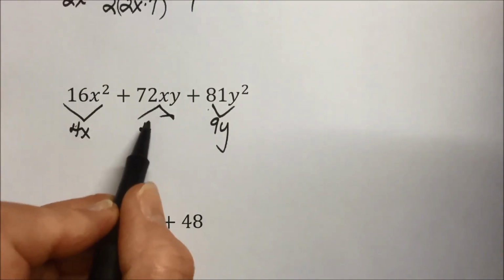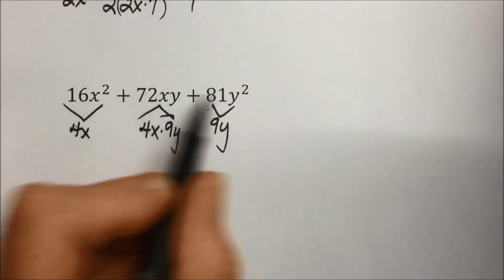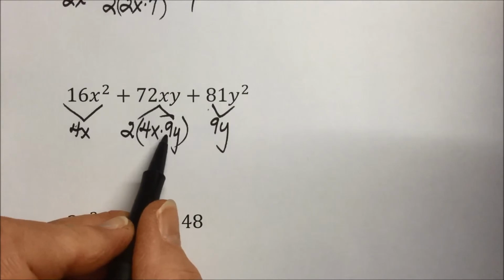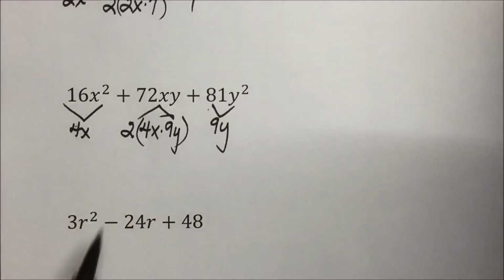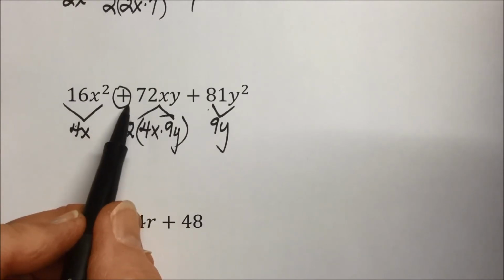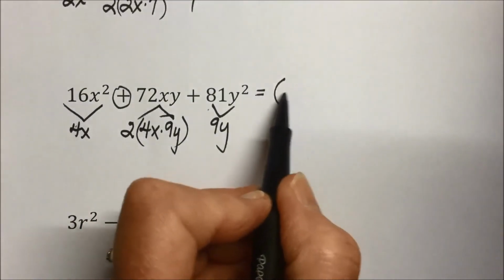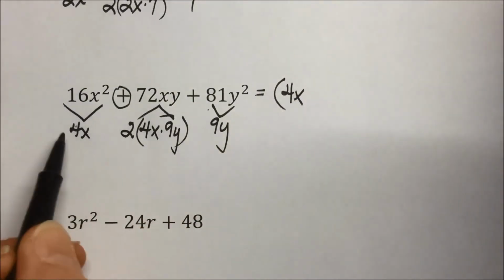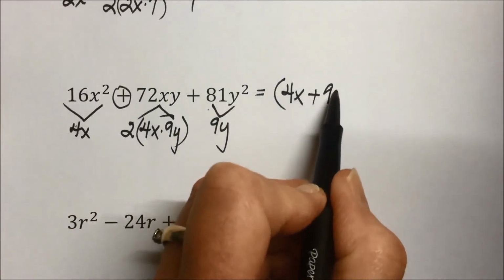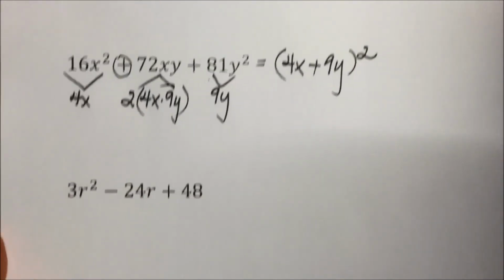To check, we'll take the product of the square roots of the first and last terms and double it. 9 times 4 is 36, times 2 is 72 with our xy. Both signs are going to be positive, and so this is a perfect square trinomial. And our first term is a 4x, our second term is a 9y, and it is the binomial square.